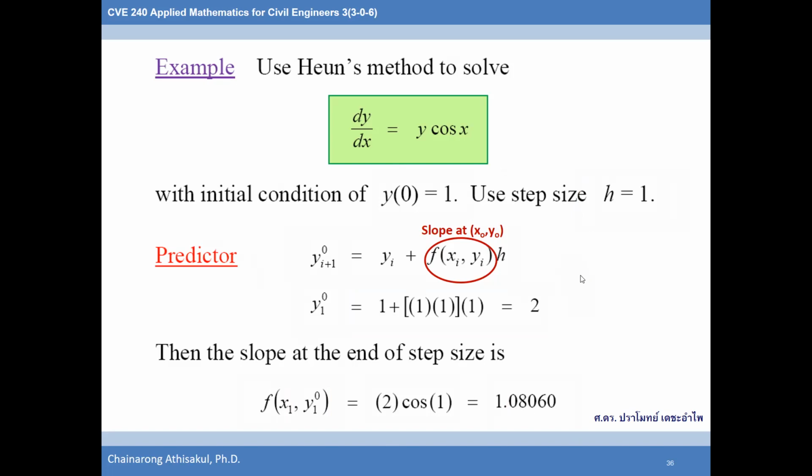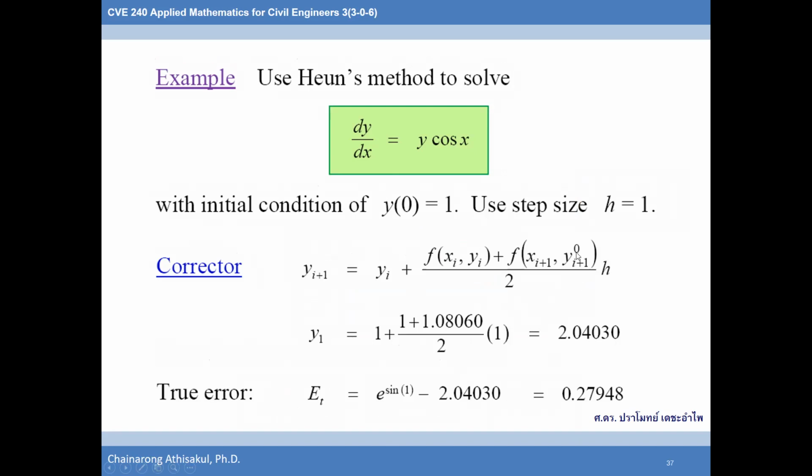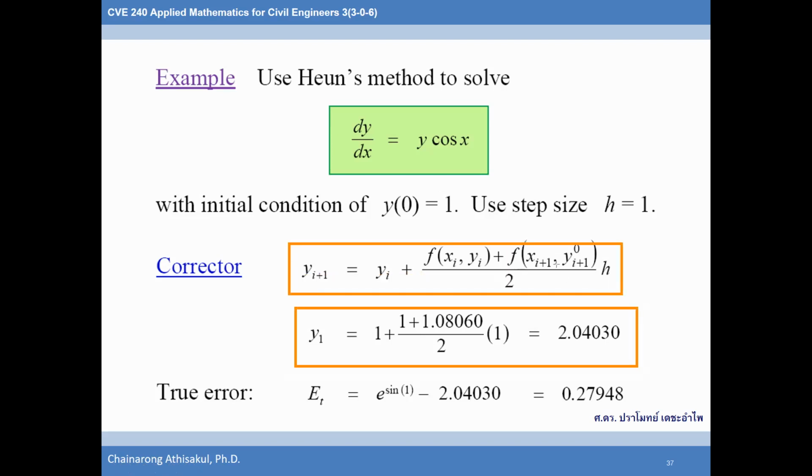After we find the slope already, we will determine the average slope from the initial slope and the final slope. After that, we can predict the value of y from this formula. After we substitute each value into this formula, we obtain this.